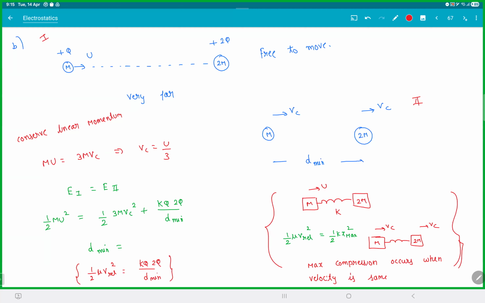Whatever energy was going into the spring, that same energy is going into electrostatic potential energy, isn't it? Does the max compression know the difference between electrostatic force and spring force? It doesn't care. Someone has kept a big spring between these two. Instead of half kx square, there's k q 2q by d minimum. If you can compare like that, it'll be pretty easy to see.